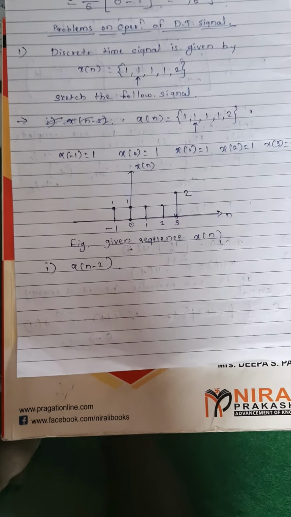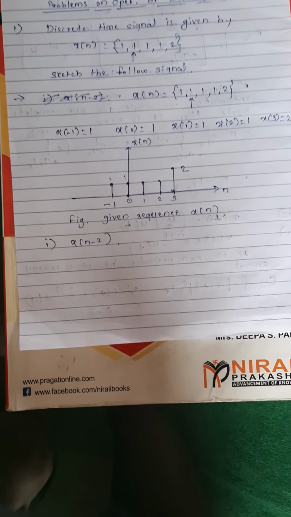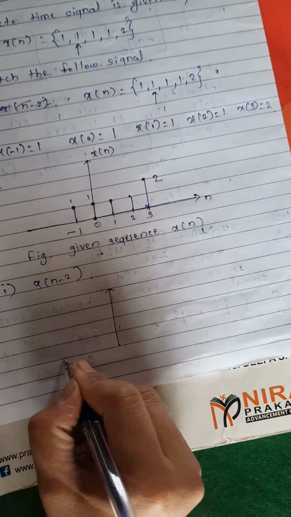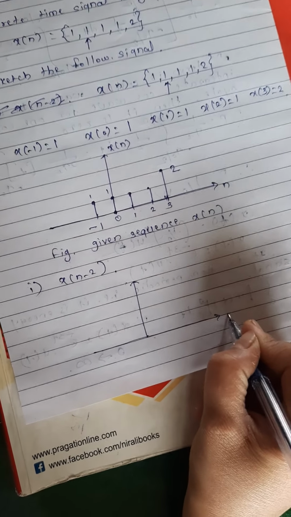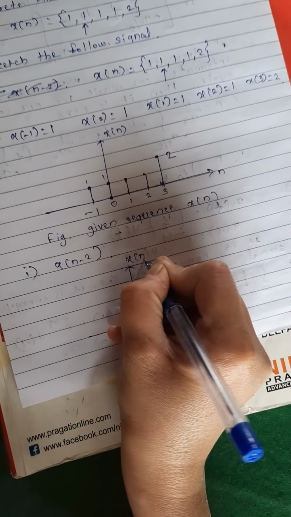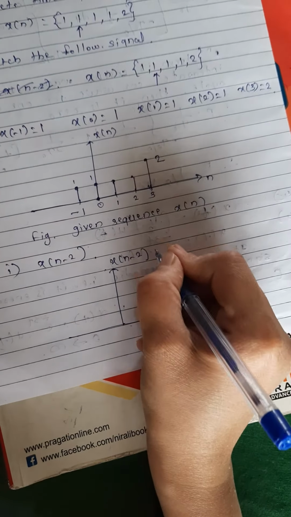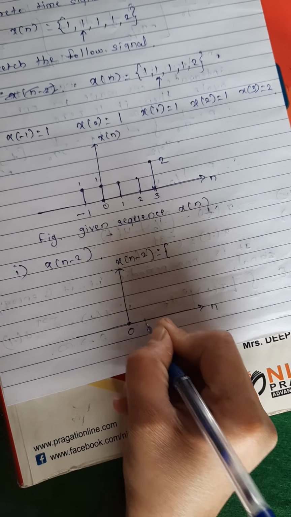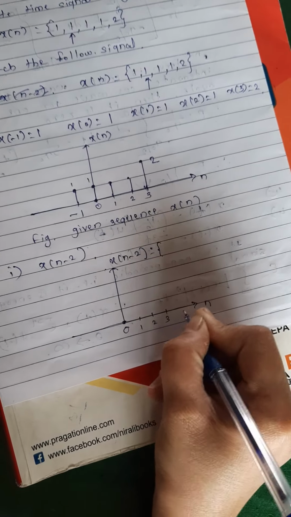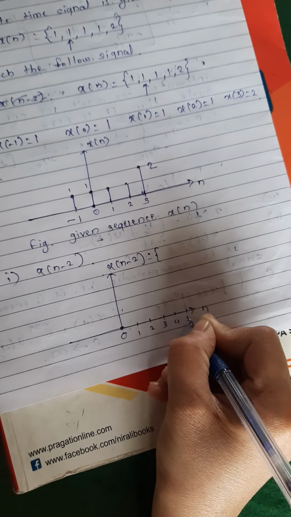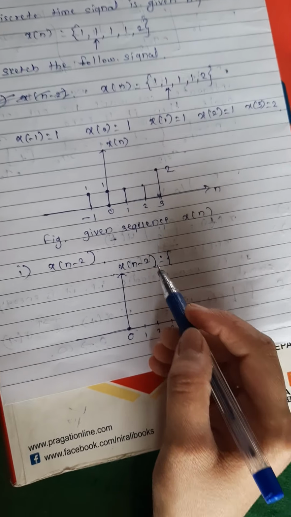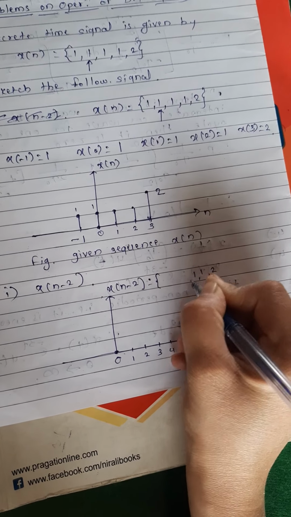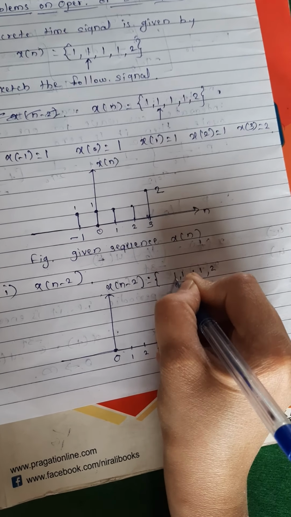So the diagram is: this is n, and this is x of n minus 2. This is 0, 1, 2, 3, 4 and 5. We shift this towards the right by 2, so it is 1 1 1 1 2.